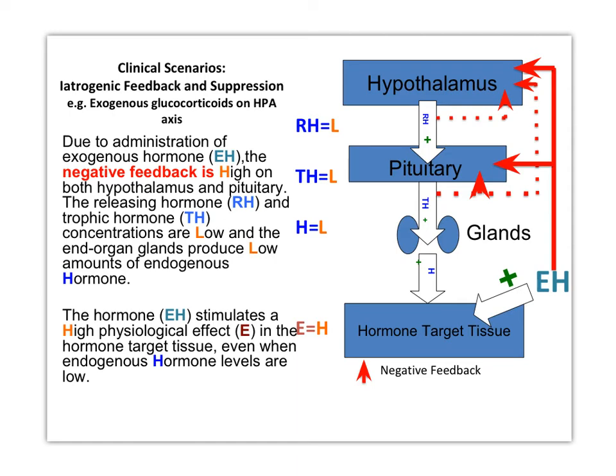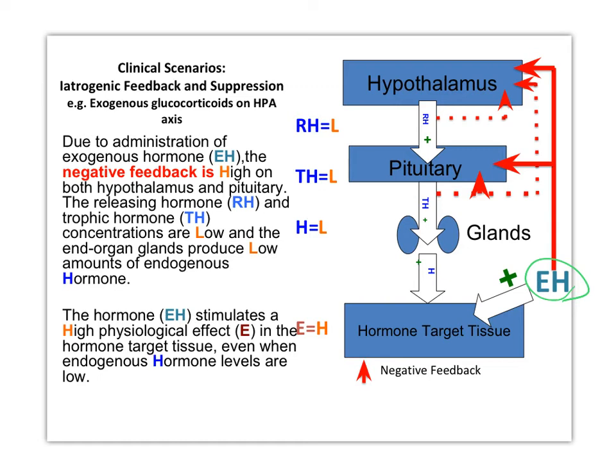So we're going to call the exogenous hormone EH, as shown here. And you can see that the first thing that's going to happen is that you're going to have a large effect on the hormone target tissue, and that's what your goal is usually when you use these drugs clinically. But let's look at what happens to the endogenous systems.